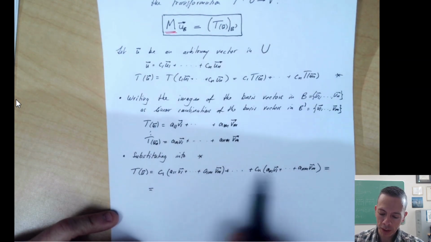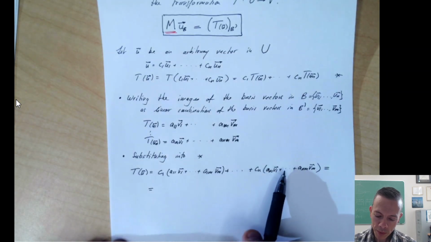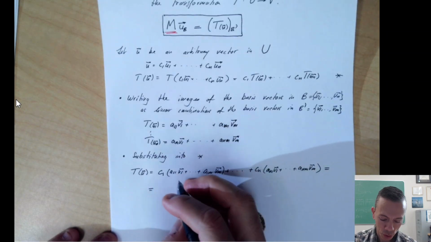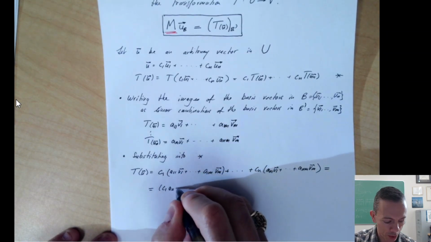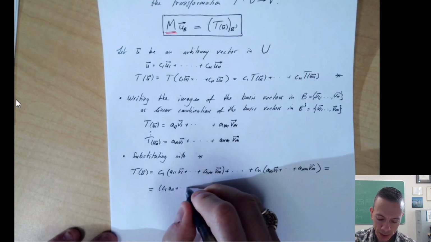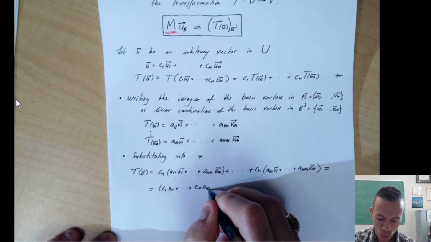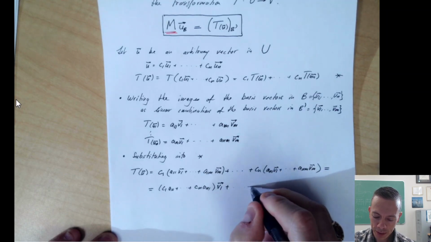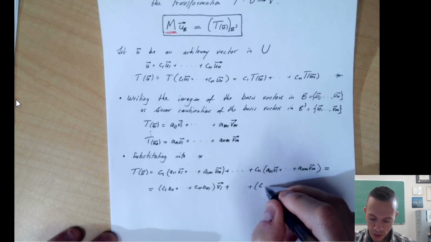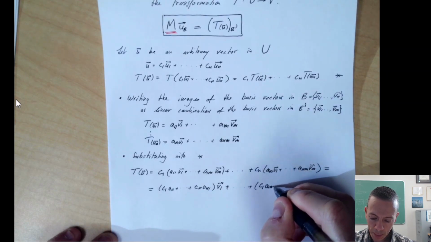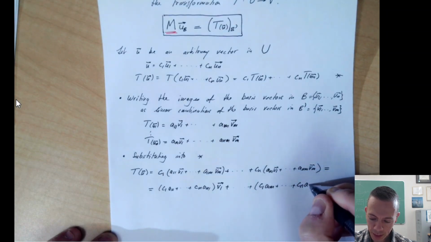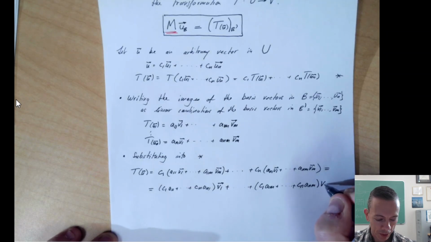And we can shuffle around all of these vectors and rewrite them, regrouping them by the vectors v1 to vm. So the first coefficient will be c1 a11 plus c2 a21, etc., all the way to cn an1, and this all multiplies the vector v1. And you can do the same with all the others. The last one will be the vector whose coefficient is c1 a1m plus c2 a2m, etc., all the way to cn anm, times the vector vm.